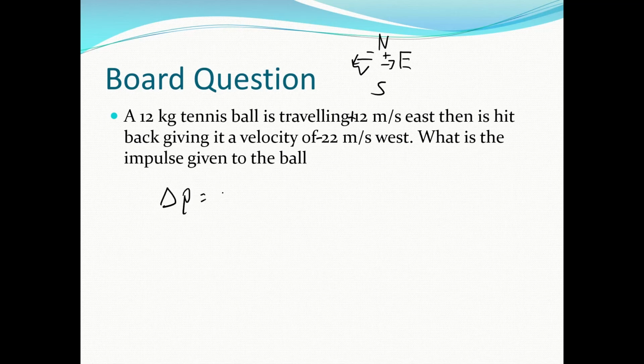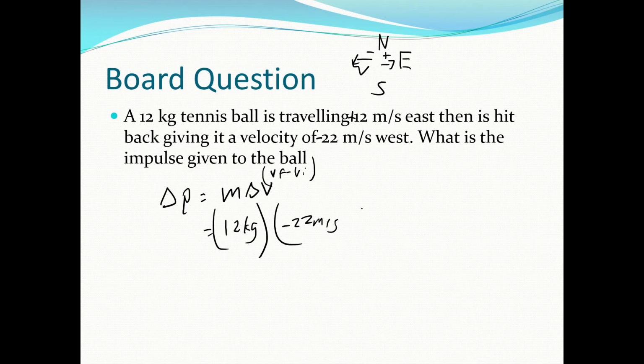Well, impulse is equal to mass times change in velocity. So 12 kilograms. It's probably supposed to be 0.12, but whatever. 12 kilograms. Change in velocity is velocity final minus velocity initial. So my final velocity is negative 22 meters per second, and my initial velocity is positive 12 meters per second.